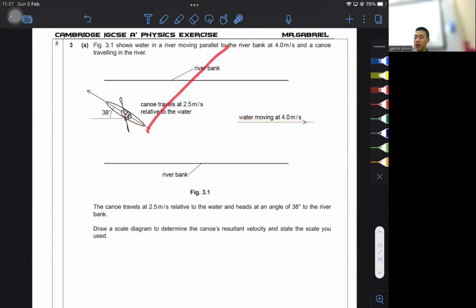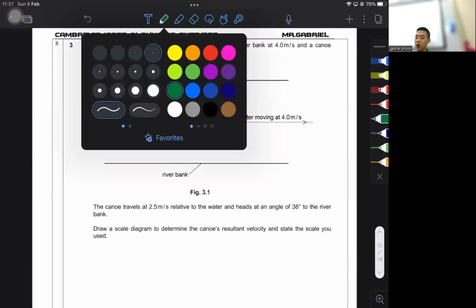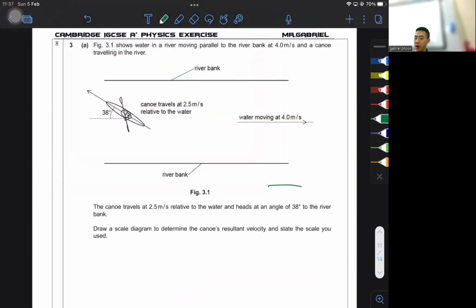Yeah, it will be in between, guys. So in the end, you're supposed to draw a vector diagram that looks something like this. Always draw the mini-map for reference. Then after that, you connect this point to this point, measure how long it is and find the speed from there, guys.